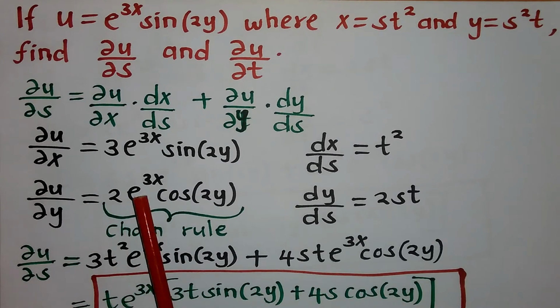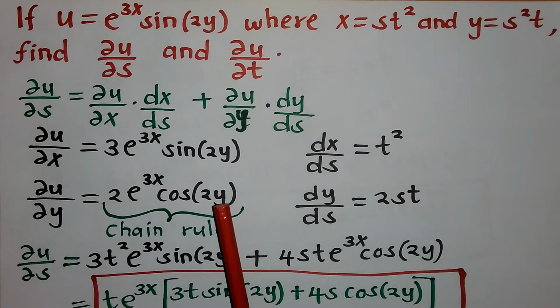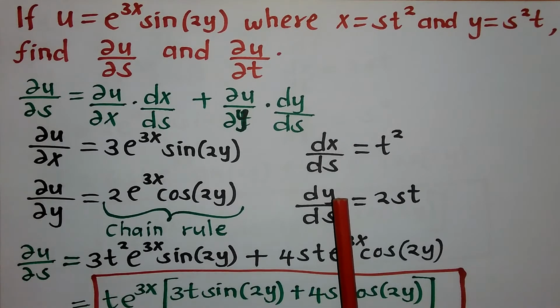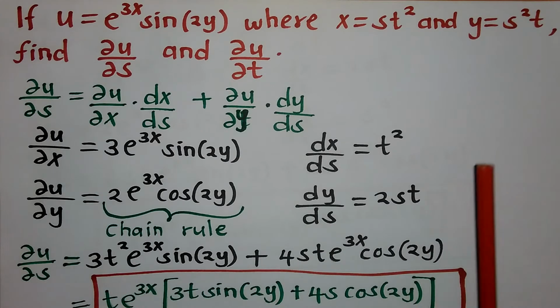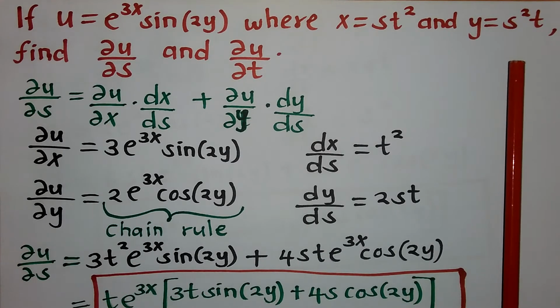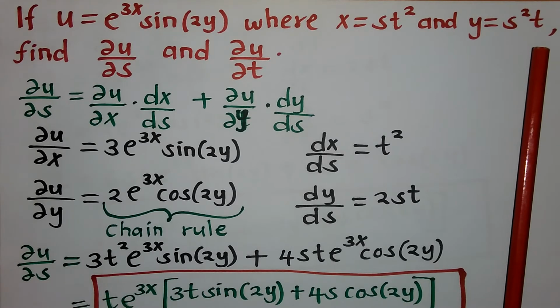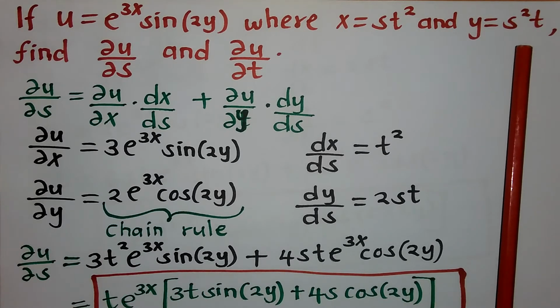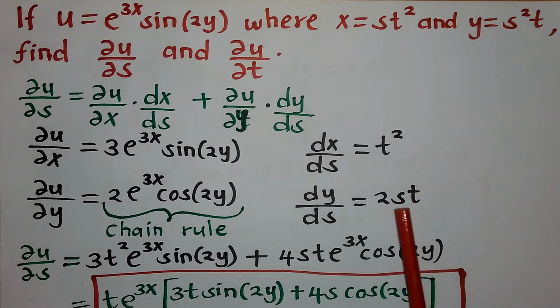So this is going to give us 2 exponential 3x cosine 2y, and this goes under the chain rule, where you find the derivative of the whole function multiplied by the derivative of the inside. After that, we go to finding dy over ds. The derivative of s squared t with respect to s means I treat t as a constant. So the derivative of s squared will be 2s, then multiply by the t.